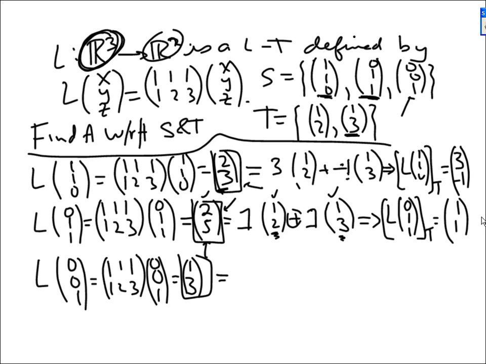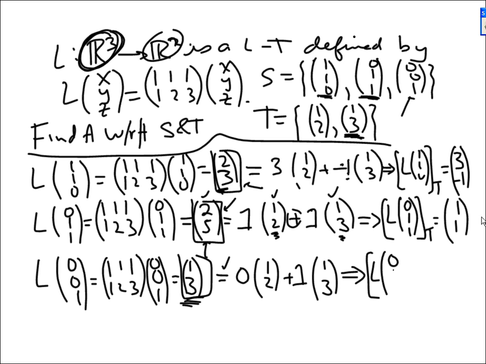It is a multiple of a vector in T. It's going to be 0 times 1, 2 plus 1 times 1, 3. That will give us 1, 3. This implies that the coordinates of L of 0, 0, 1 with respect to T is the vector 0, 1.